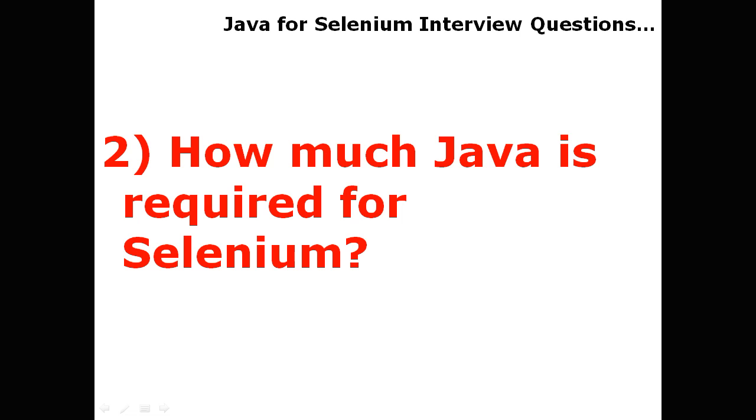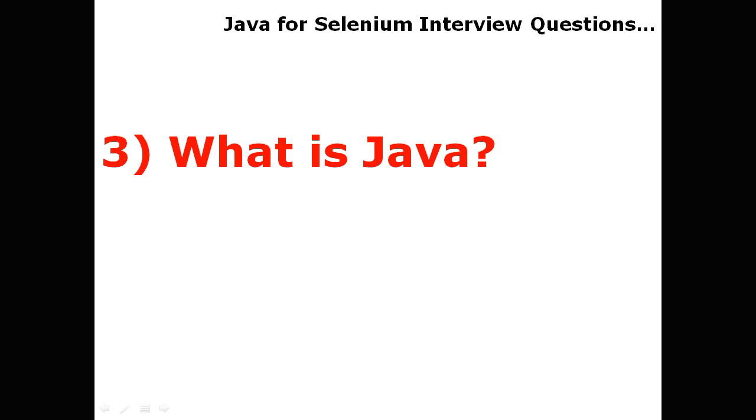Next, one more important, Java OOPS concepts. Four fundamentals of OOPS: abstraction, polymorphism, inheritance, and encapsulation. Next, third question. What is Java? Java is a programming language as well as a software platform.